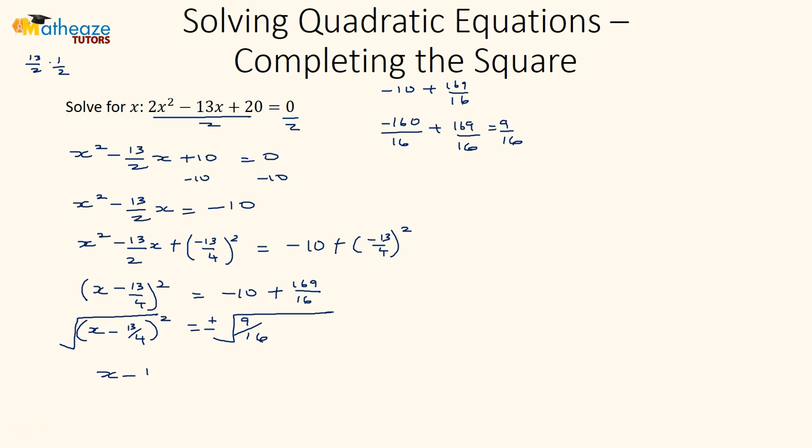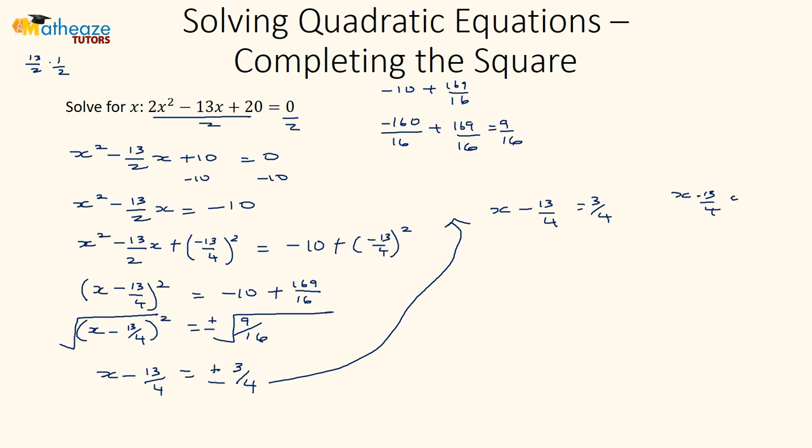So x minus 13 over 4 is equal to plus minus 3 over 4. Now let's bring this right over here. We have x minus 13 over 4 equal to 3 over 4. We also have x minus 13 over 4 equal to minus 3 over 4.